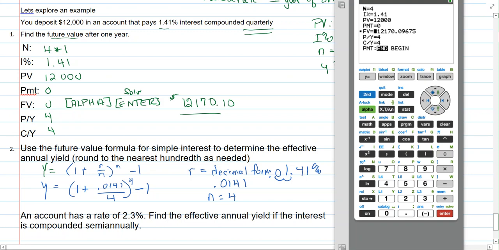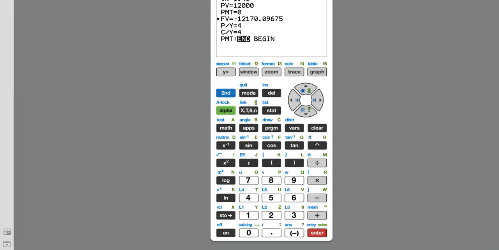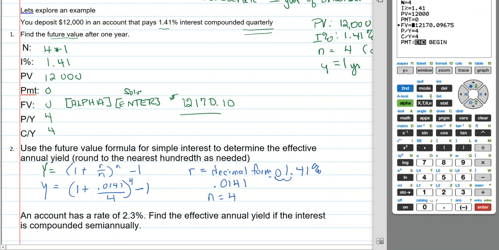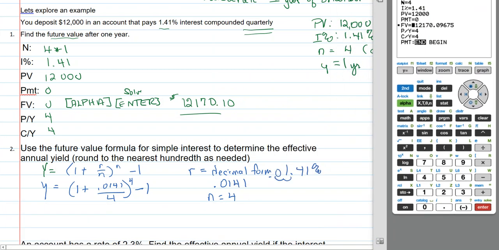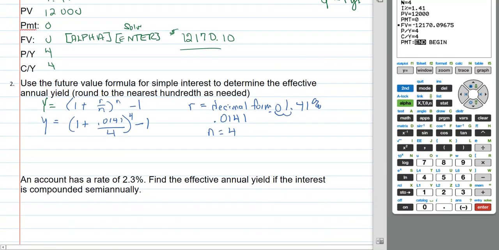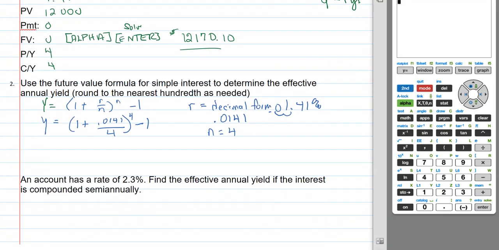I'm going to make a little bit of room here. Okay, so we need our home screen for this. I'm going to do a second quit to get to the home screen. Second, it's mode, second quit, and we'll get it.